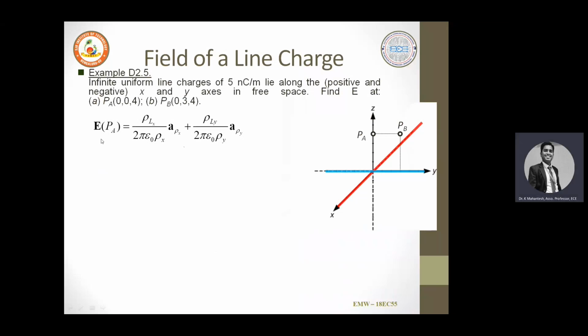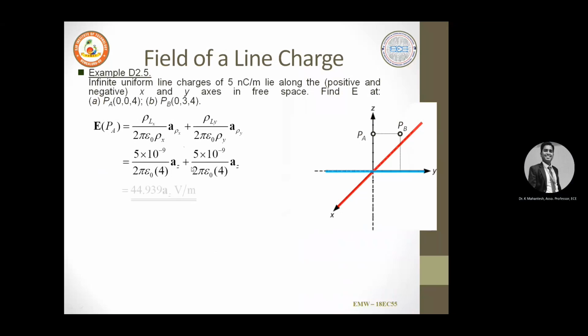Now to calculate the electric field intensity at the point A, this is the equation. I substitute all the values and obtain the electric field intensity at point A as 44.939 az volts per meter.